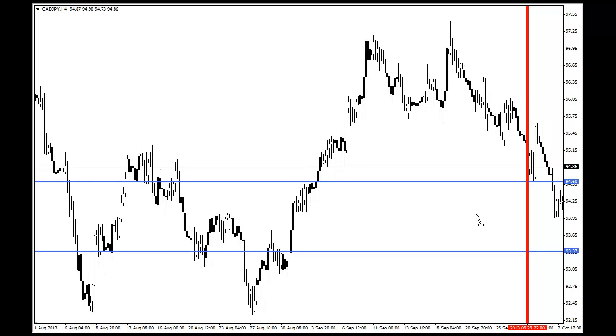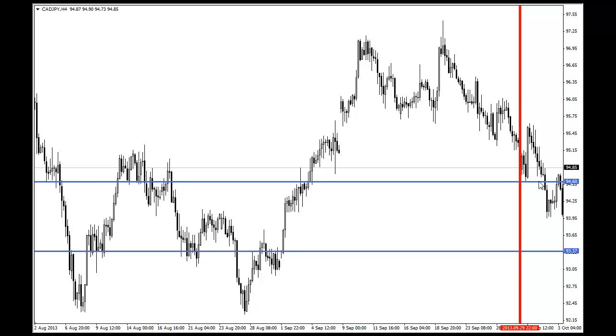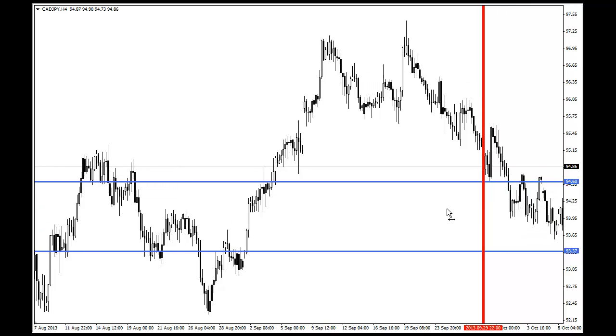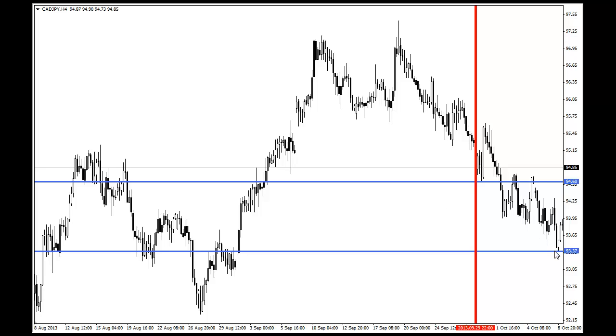As price moves around, it comes back up and finds some resistance at that same level twice, and then moves down to what level? That 93.37. So we came right back down to this point of origin where this initial price move originated.